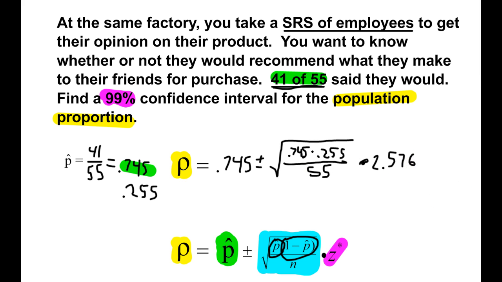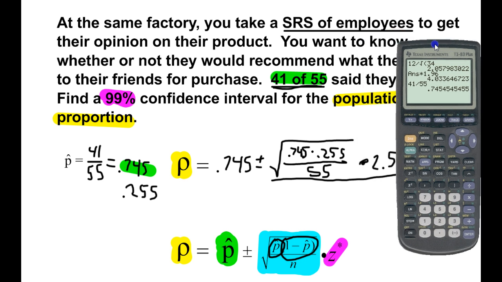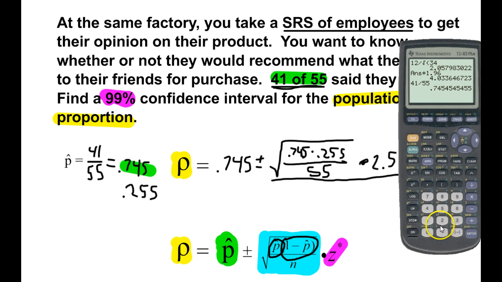So now let's plug that all into our calculator. The first part's alright, the second part, the margin of error, needs to all be boiled down. So if we have 0.745 times 0.255 divided by 55, get that inner part, and then I'm going to take the square root of that, and I do second answer.